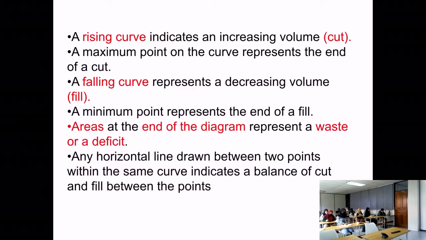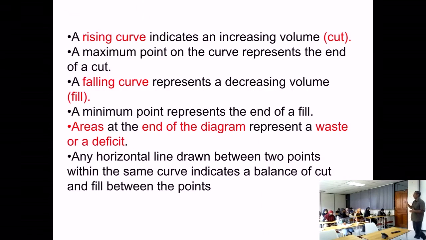The maximum point on the curve represents the end of a cut. You go up, and at the end you start going down, meaning there's no more cutting, but you start filling. Of course, a falling curve represents decreasing volume, because you use the volume you generated earlier to fill. So the amount of soil you have gets less. Like money: you got paid earlier, now mid-month you've spent it and it goes down.